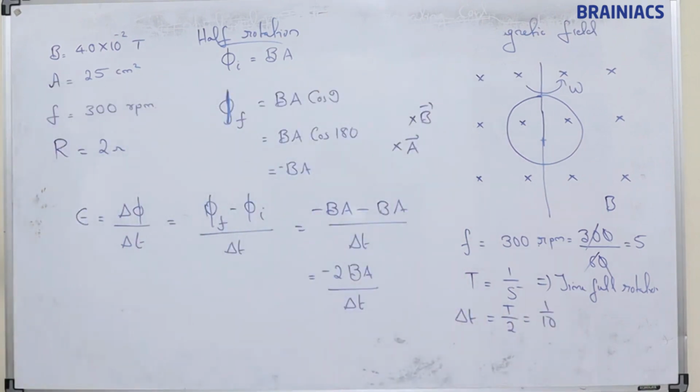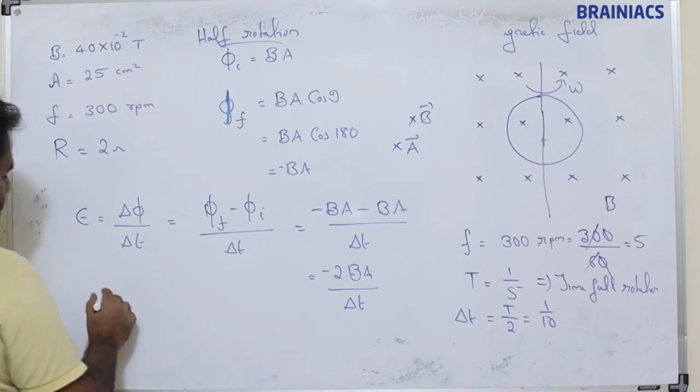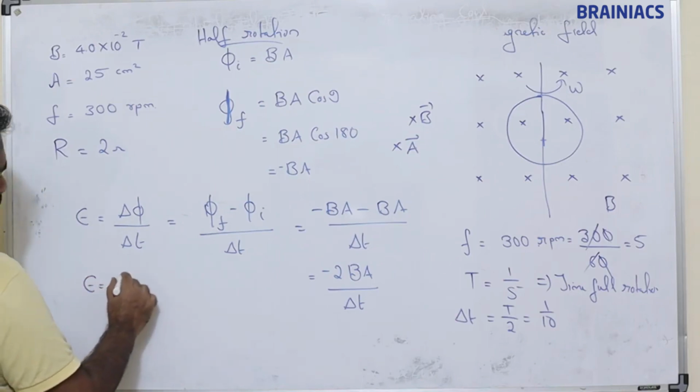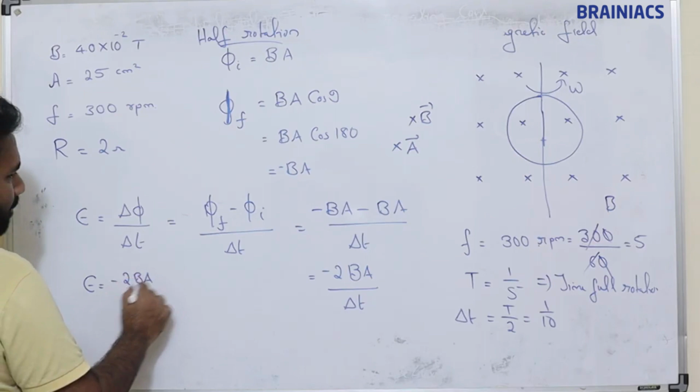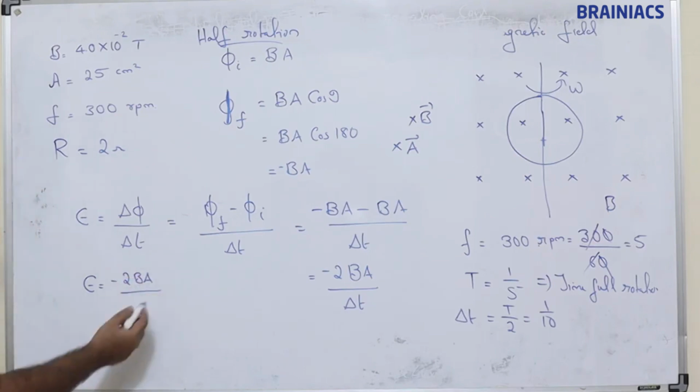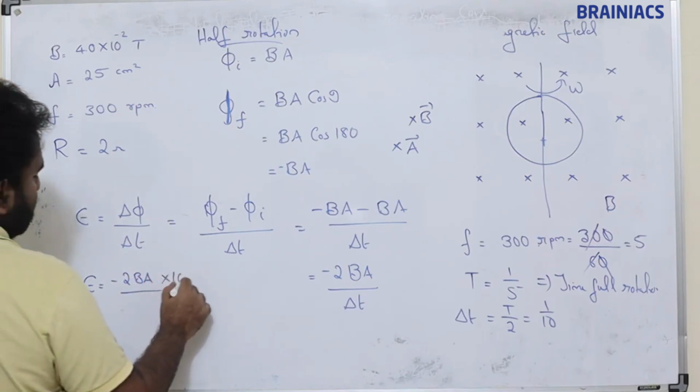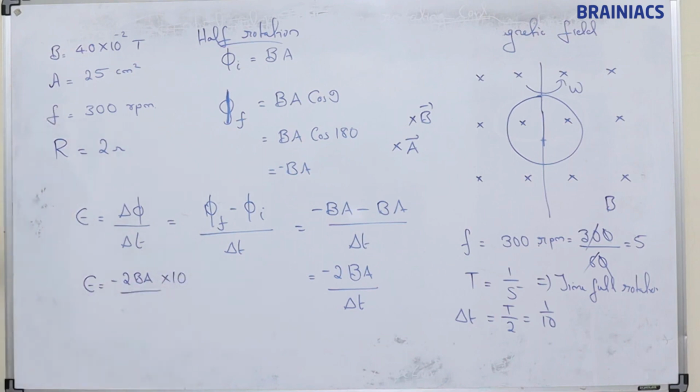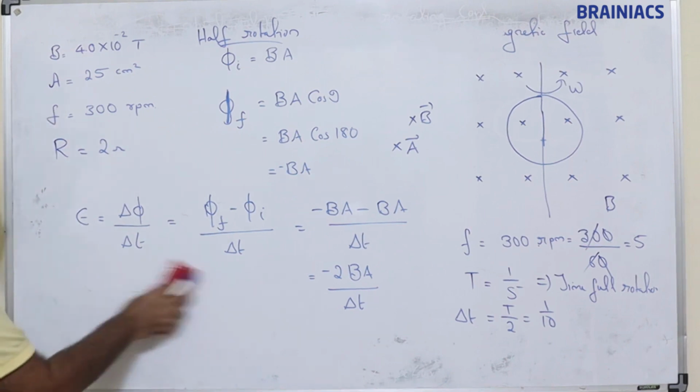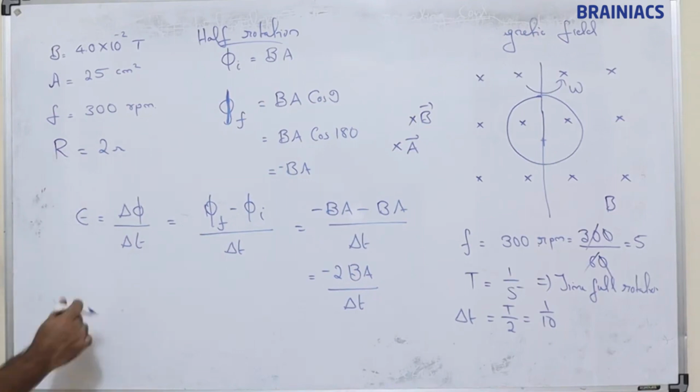So when we substitute it here, we get EMF E is equal to minus 2BA divided by 1 by 10, which we can write as into 10. Clear? Okay, so we substitute.